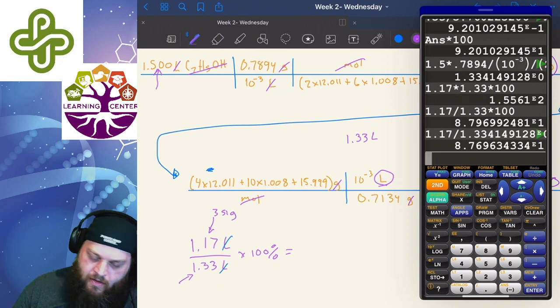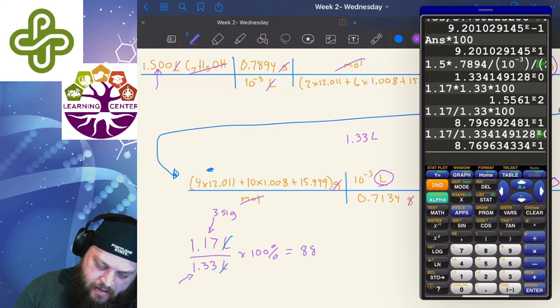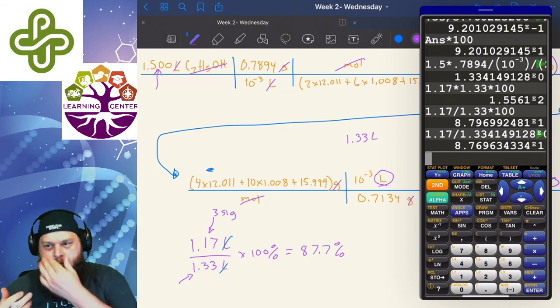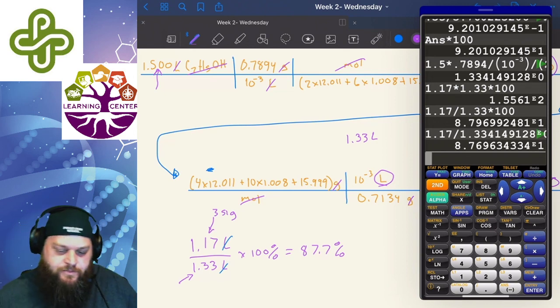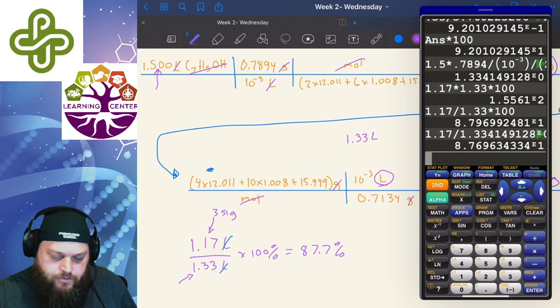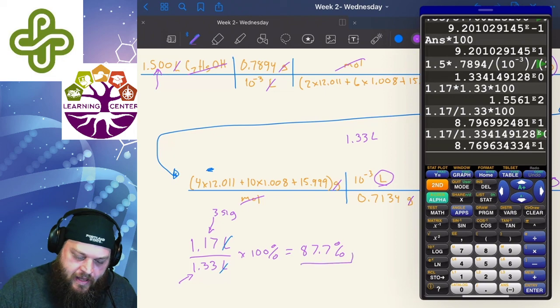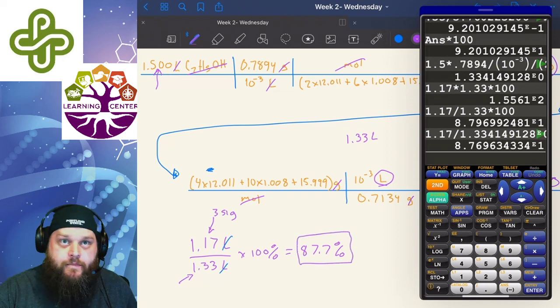So just by pulling it from the calculator and not having that rounding error, I want 3 sig figs, 87.7%, which is really close to 88, but it's not quite. So that is my percent yield for this guy.